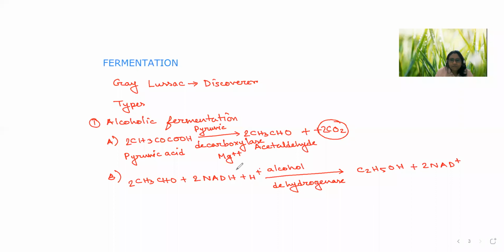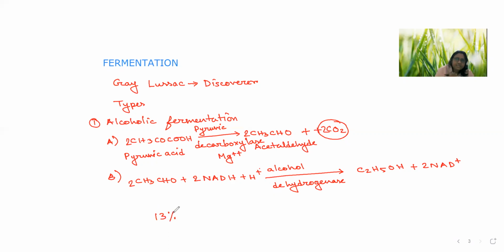Am I audible? Yes, ma'am. To prepare alcohol? Very good. But we need to remember one thing, alcohol is a dehydrating agent and it is a toxic agent. So generally microbes can tolerate alcohol up to the level of 13%.